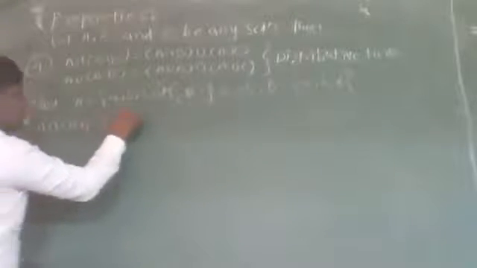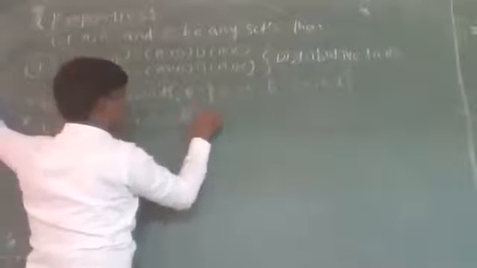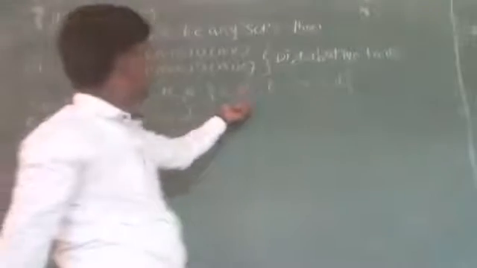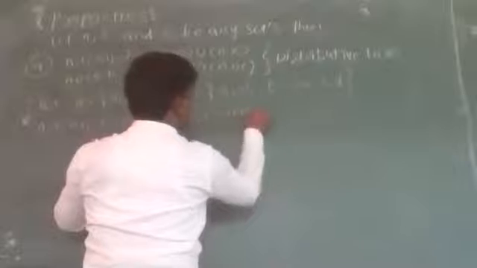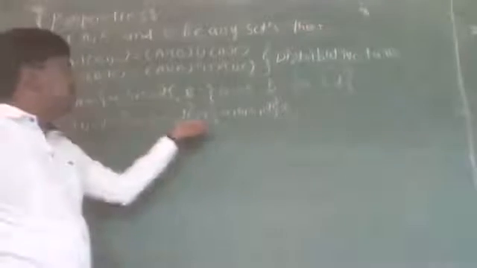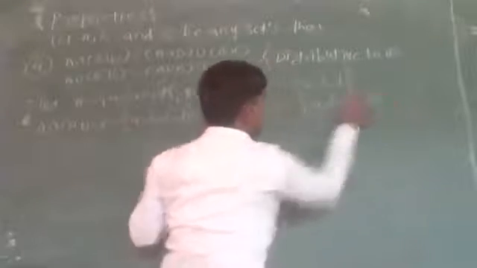Now let's find out A intersection B union C. ABCD intersection B union C. B union C contains again ABCD. As each element in both the sets is the same, then the intersection is again ABCD.